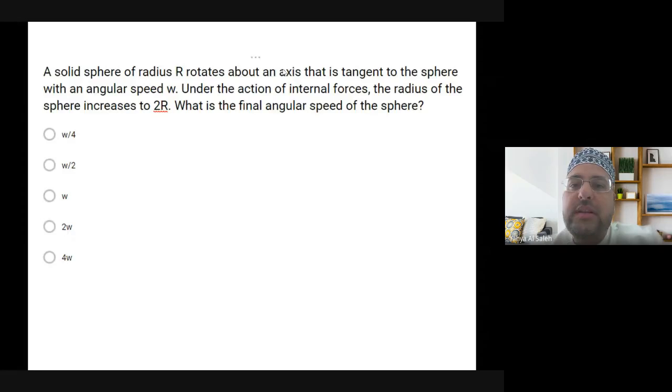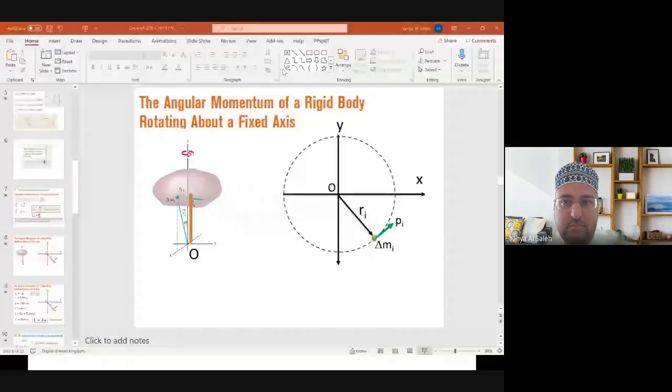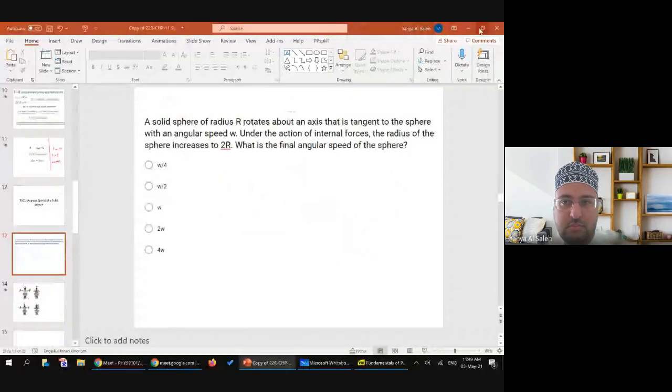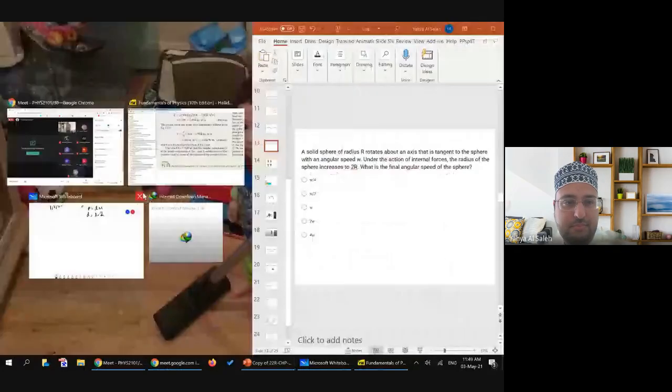What is the final angular speed of the sphere? Okay, so just type your answer in the chat bar.